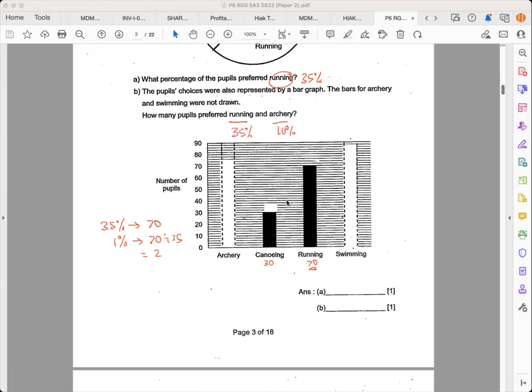So archery and running add up to 45%. Therefore, 45% will be equivalent to 45 multiplied by 2, because 1% is 2. Okay, so that will give you 90. And that's the answer for part B, 90, and this is 35%.